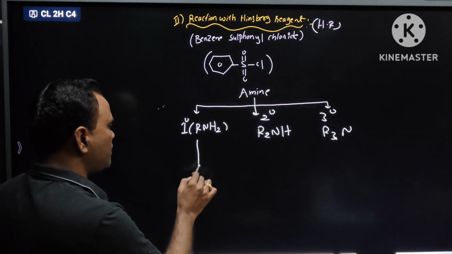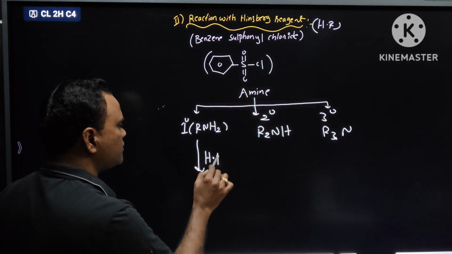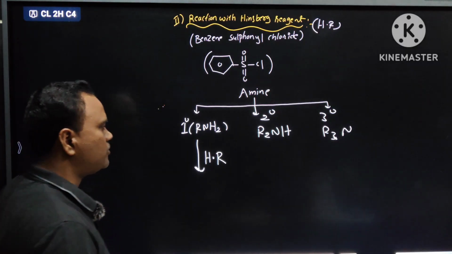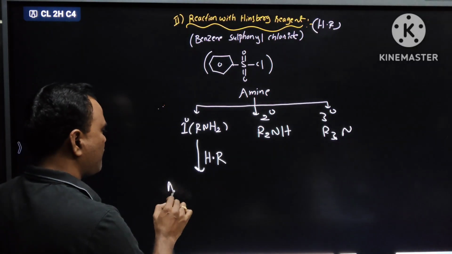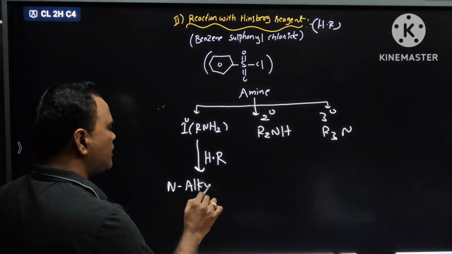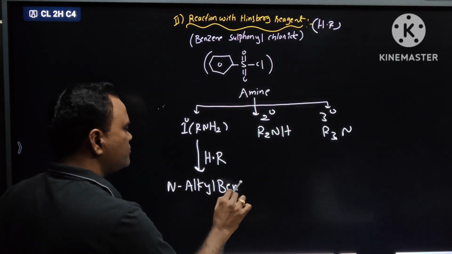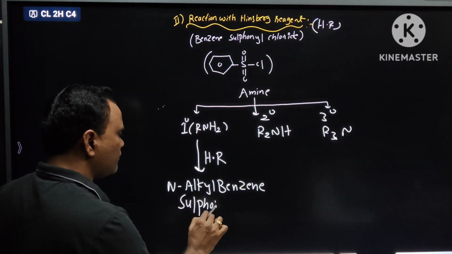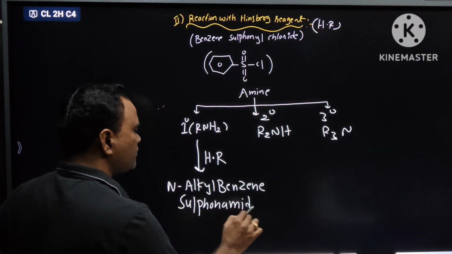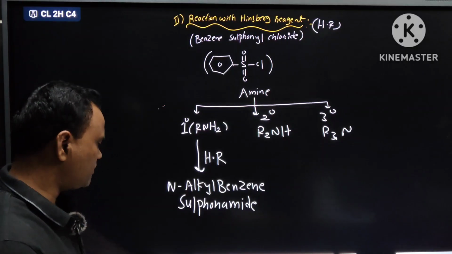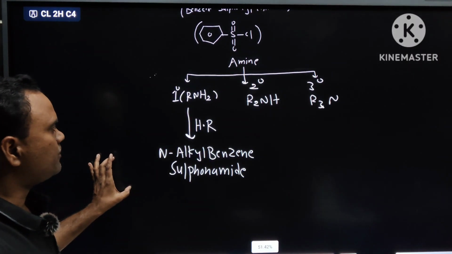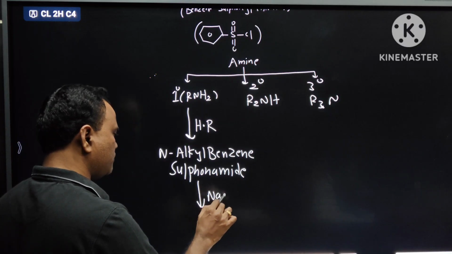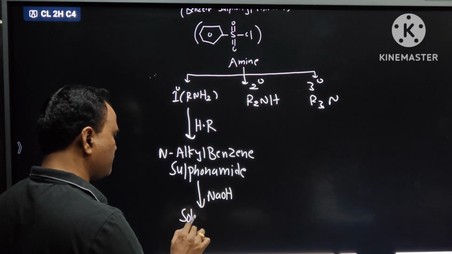When primary amine is treated with HR, Hinsberg reagent, it will produce N-alkyl benzene sulfonamide. You have to remember this. I'll explain how to remember this. N-alkyl benzene sulfonamide, which when treated with NaOH produces a soluble compound.